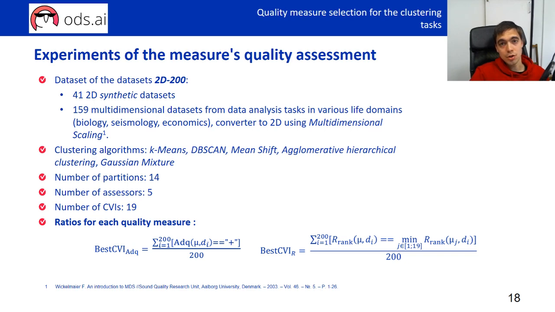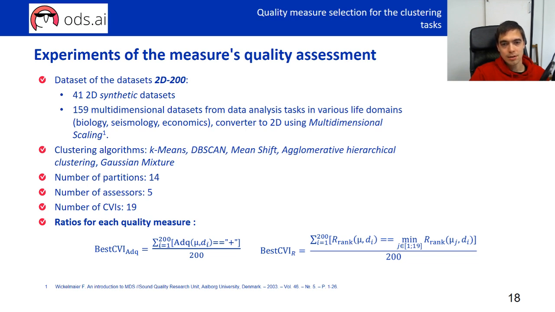To construct partitions, we used 5 clustering algorithms with different fixed values of hyperparameters, and as a result, we got 14 partitions for each dataset, which were assessed by 5 assessors and 19 quality measures.